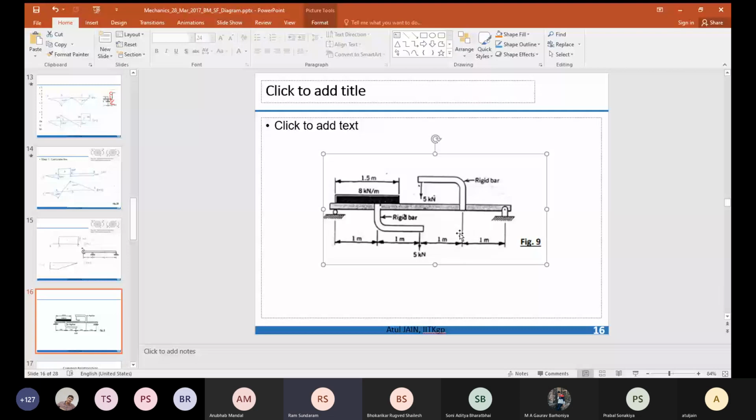Why aren't we applying the 5 kilonewton right below where it is applied? Because the beam is getting the 5 kilonewton through the rigid bar. So we have to apply it at the joint point. Yes.